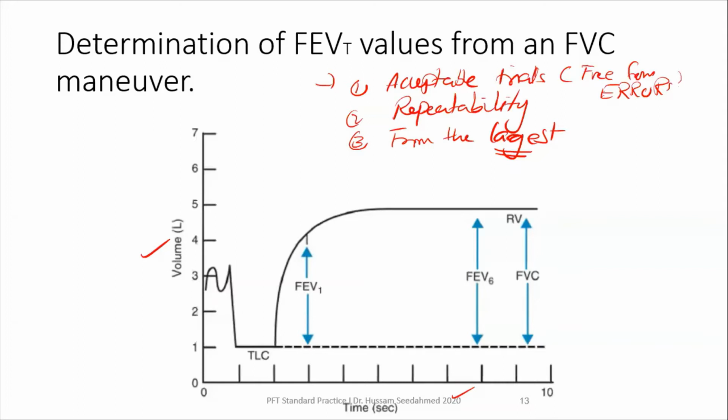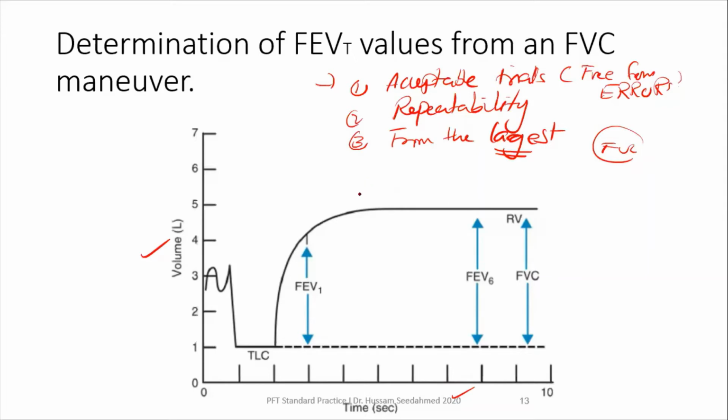Number two, are they repeatable? That is, you look at the FVC of the two largest acceptable tracings. Are they repeatable or not? I will show you how to calculate the repeatability. And then from the largest you calculate your spirometric values.